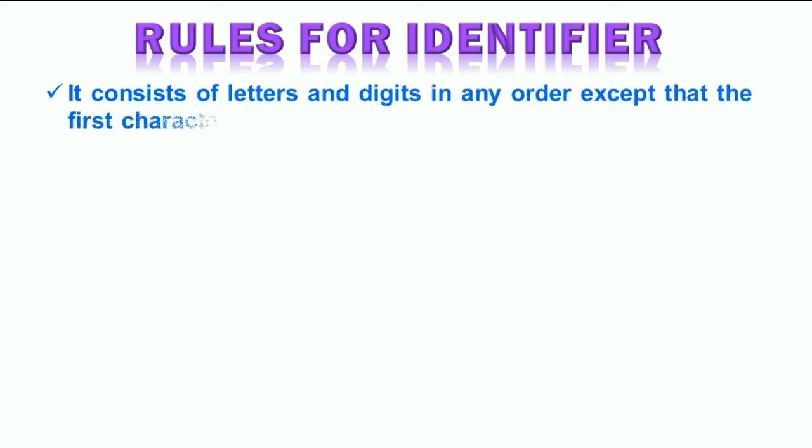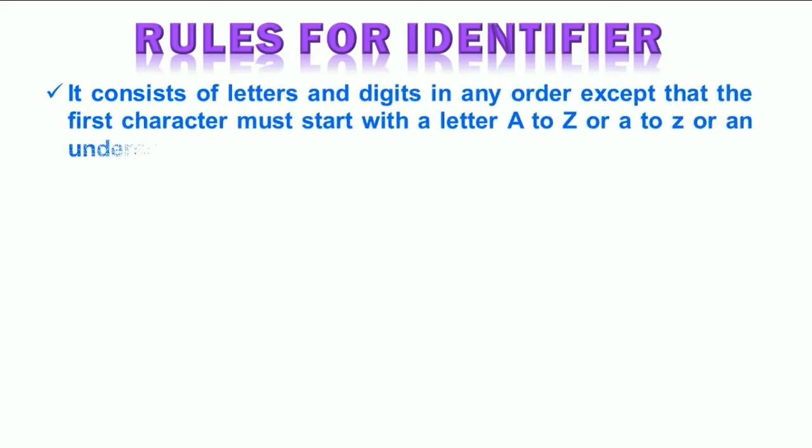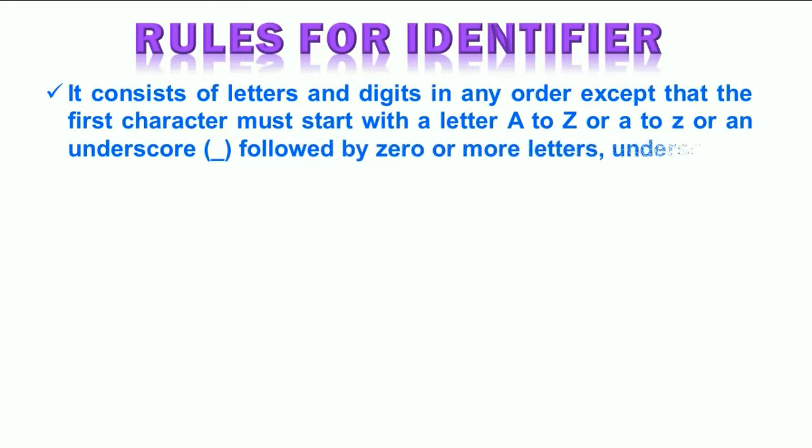Now let us see the rules for naming an identifier. It consists of letters and digits in any order except that the first character must start with a letter, capital A to Z, or small letter a to z, or an underscore, followed by 0 or more letters, underscores, and digits 0 to 9.